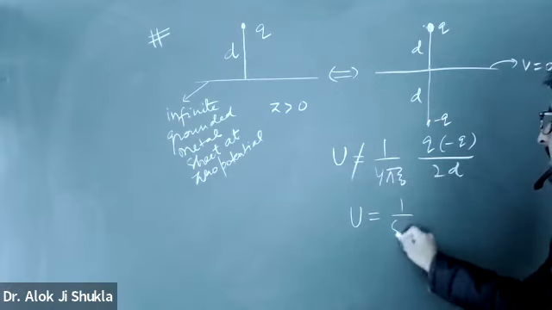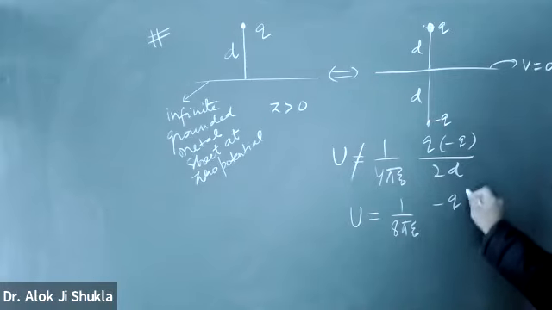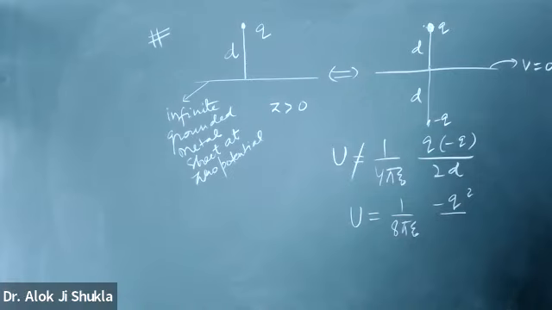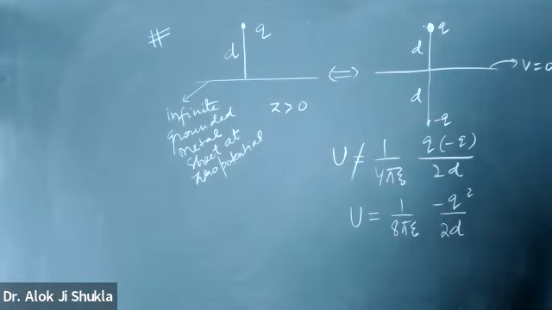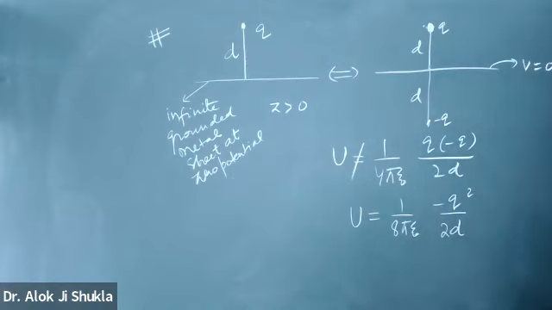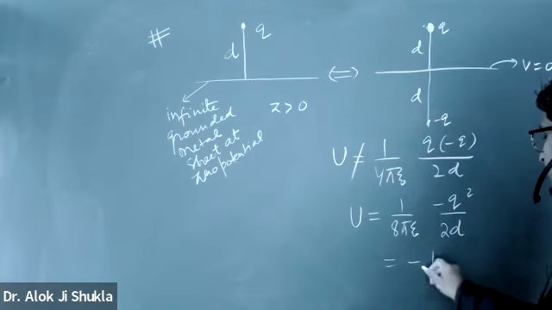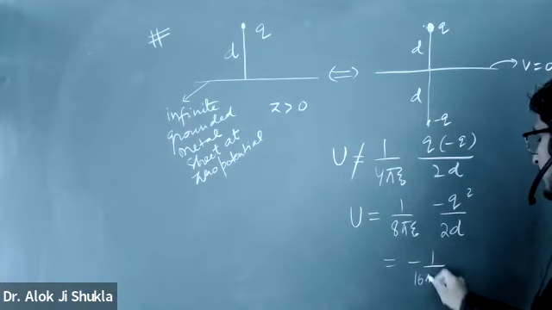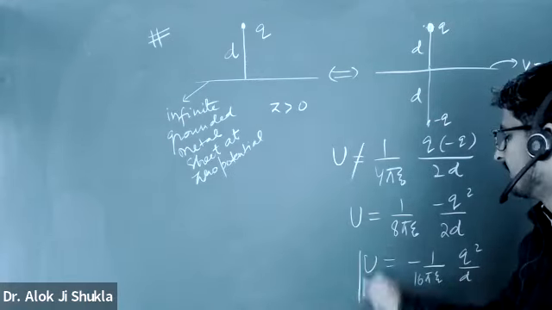So you will get 1 by 8 pi epsilon naught minus q square by 2d. So that means how much you will get? Minus 1 by 16 pi epsilon naught q square by d. This will be the interaction energy.